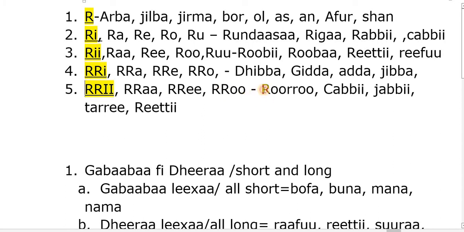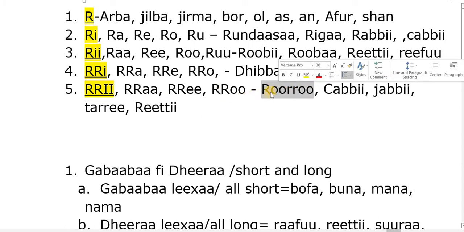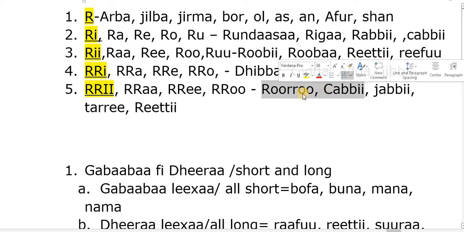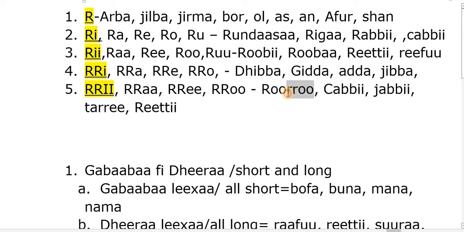As you can see, the first row is exactly like this, soft and long. And the second row is exactly like the last one. Ro, ro. So this is strong and long.